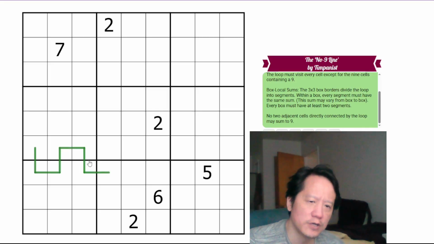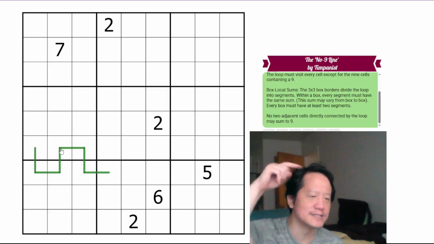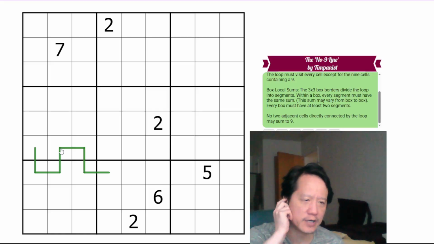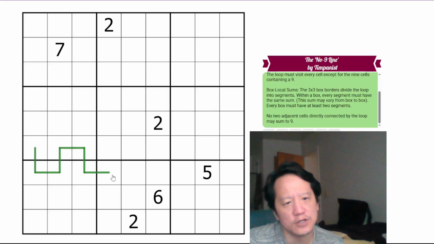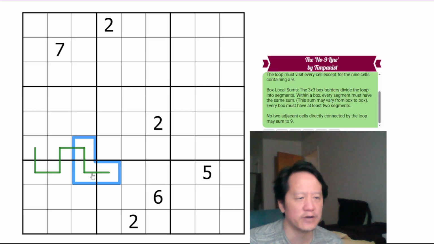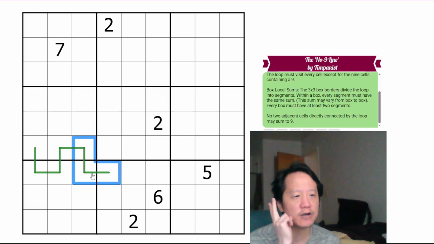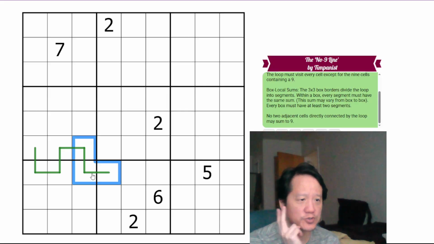Yeah, the only way you can get enough ins and outs of the corner box is you have to use essentially this as a singleton. But obviously you can't have a singleton there. So for the corner boxes, they're guaranteed to be divided into 2 segments.